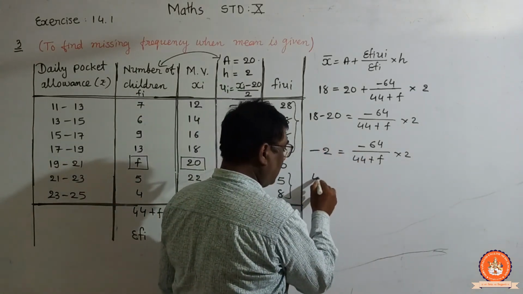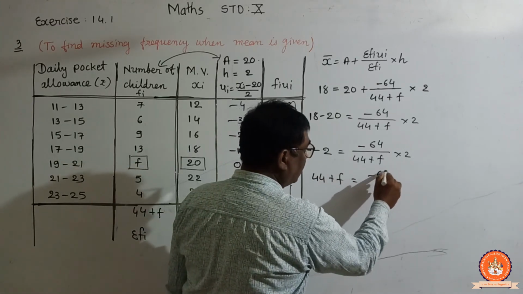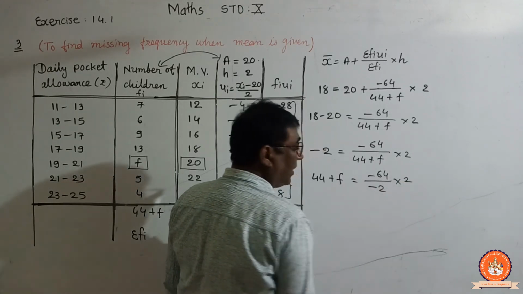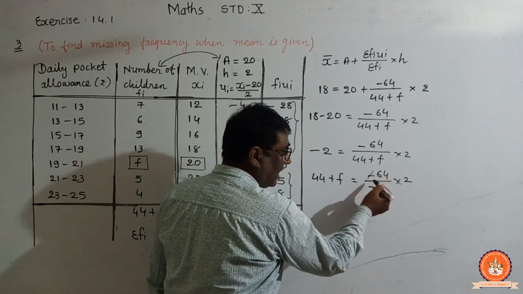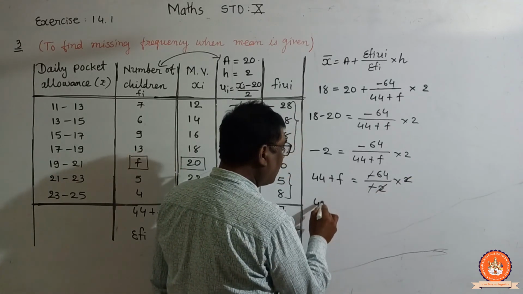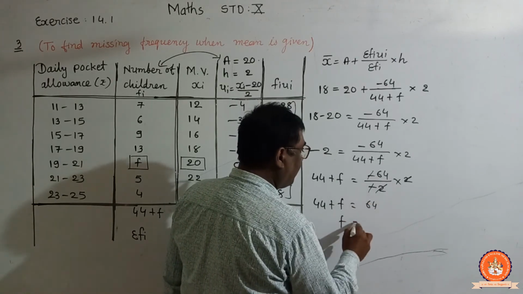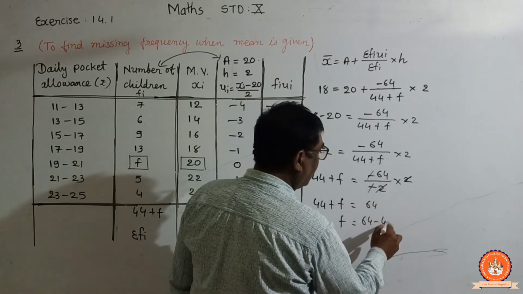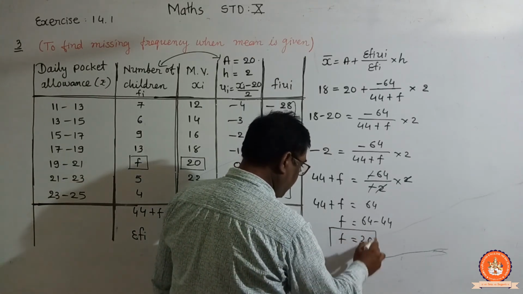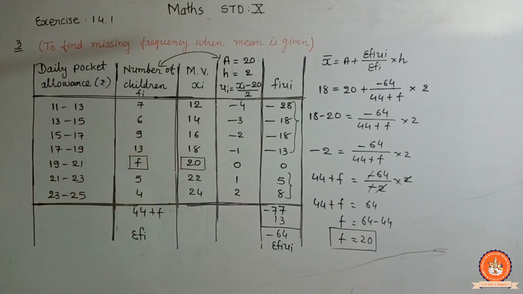So 44 plus f is equal to minus 64 on minus 2 into 2. Okay. Now minus minus cancel हो जाएगा. 2 2 part. So 44 plus f is equal to 64. Now f is equal to 64 minus 44. F is 20. See, the missing frequency is 20. Okay.